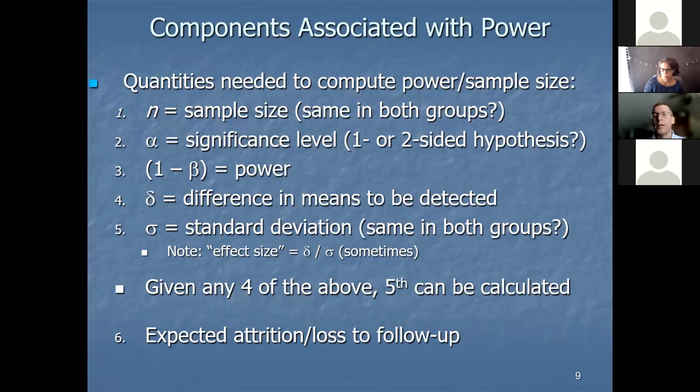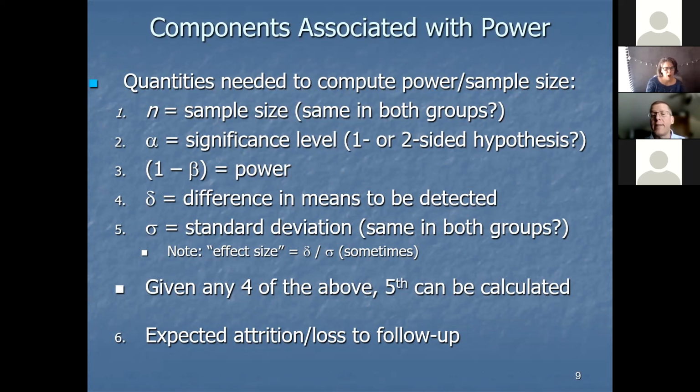The third is the power, and I have that represented here as 1 minus beta. So my significance level is alpha, which is my type 1 error. Beta is my type 2 error. And again, I'll have a little refresher on that, I think, on the next slide. 1 minus beta is my power.